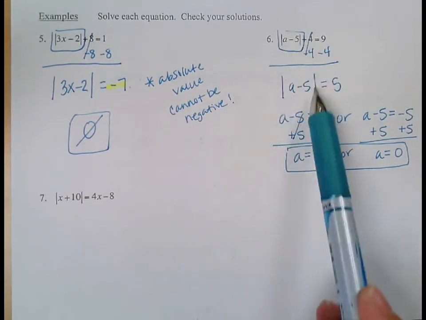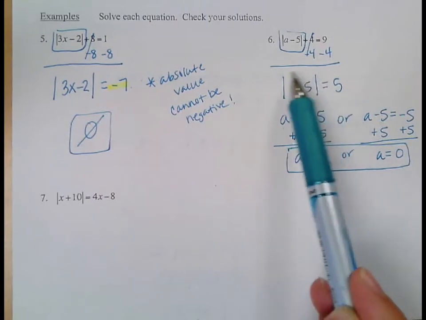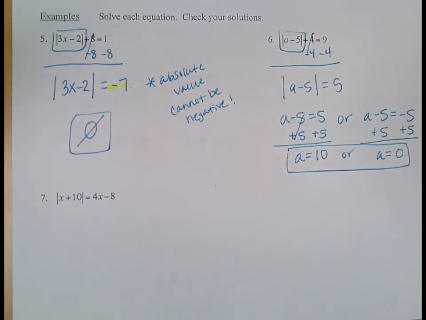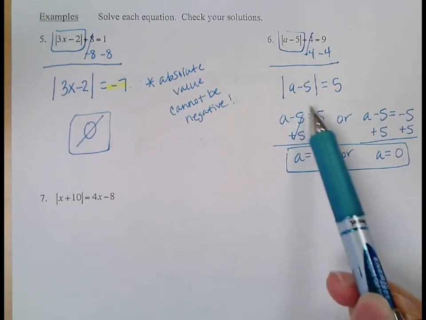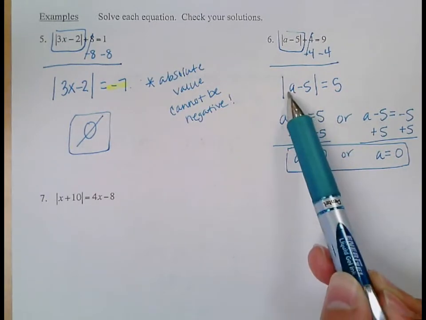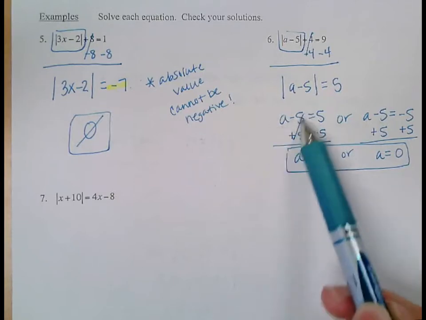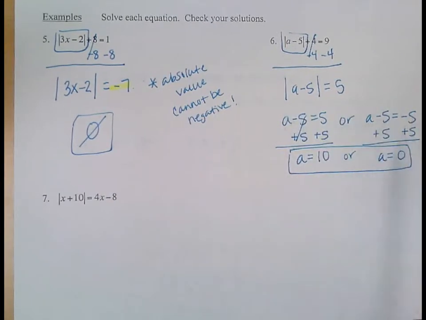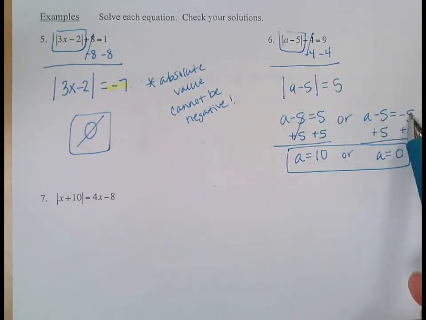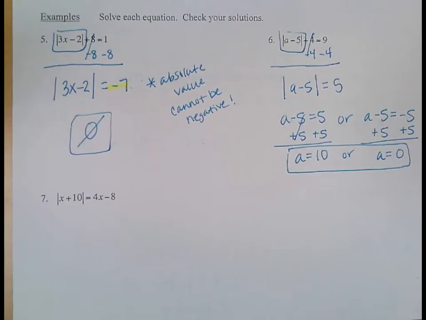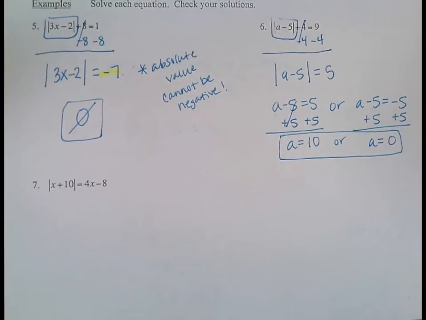So notice I kept the absolute value bars. And then when I'm taking this and splitting it into the two cases, the positive and negative case, I no longer include the absolute value bars. So the first case is basically just rewriting the equation without the absolute value. And then the second case is changing this side to the opposite. Other questions?